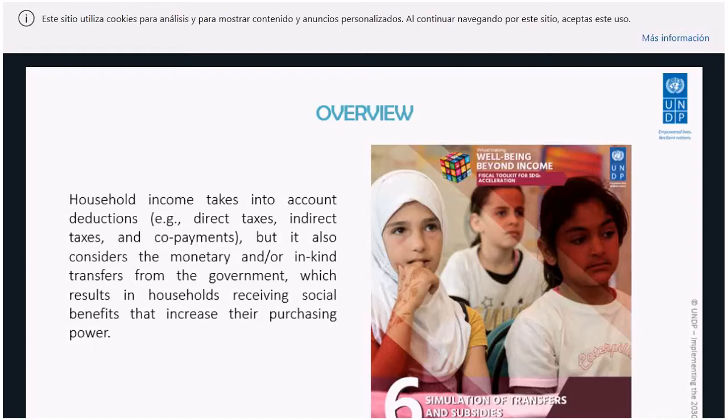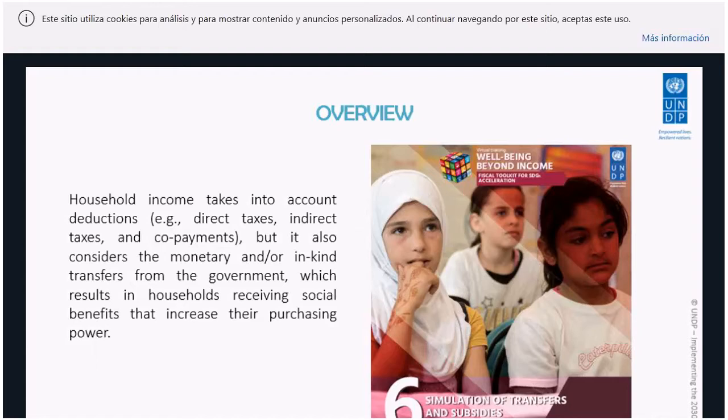It is very important to take into account social expenditure through transfers and subsidies, because these elements constitute a crucial share of the household income, right?